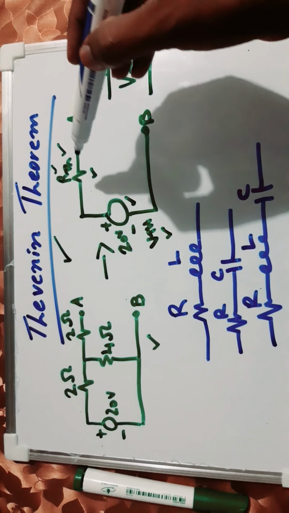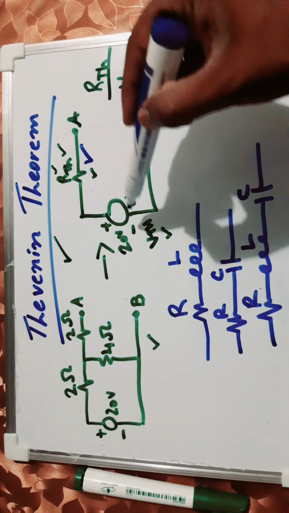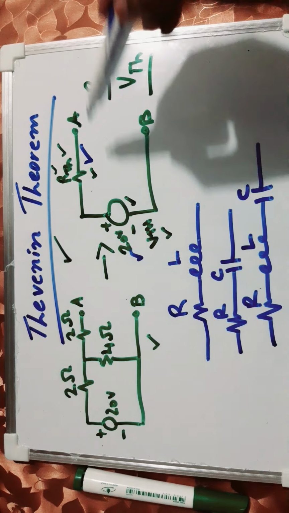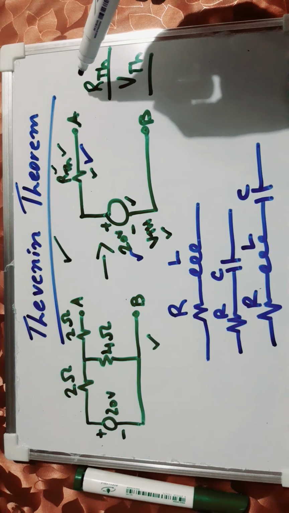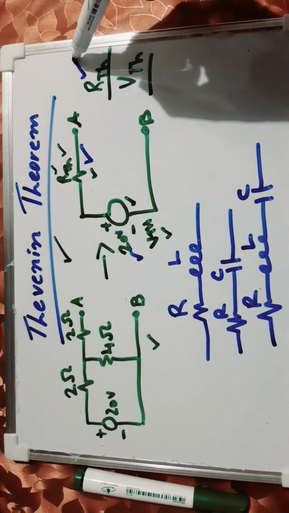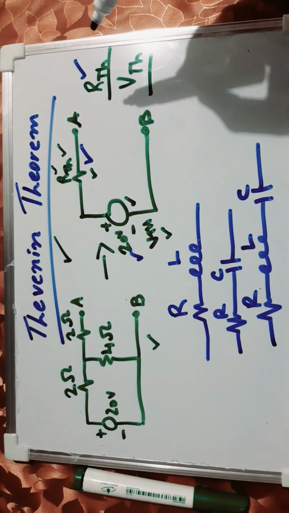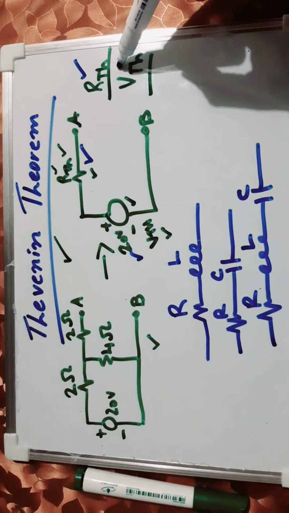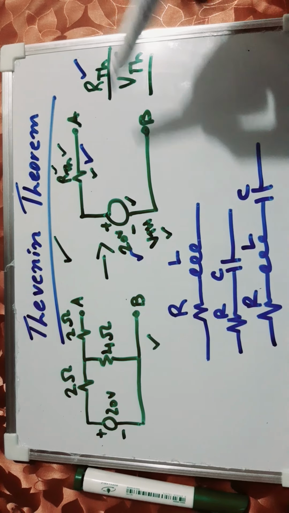Whenever we have only resistance and voltage, we will find Thevenin equivalent resistance and Thevenin equivalent voltage.